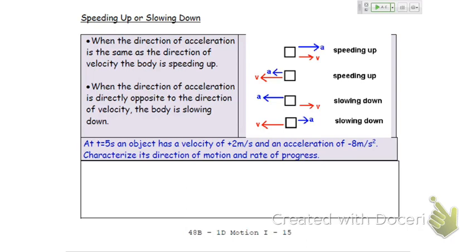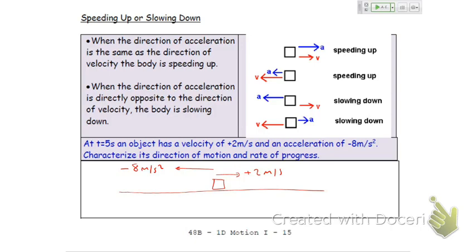And so I say, okay, at t equals 5 seconds, an object has a velocity of +2 meters per second and an acceleration of -8 meters per second squared.